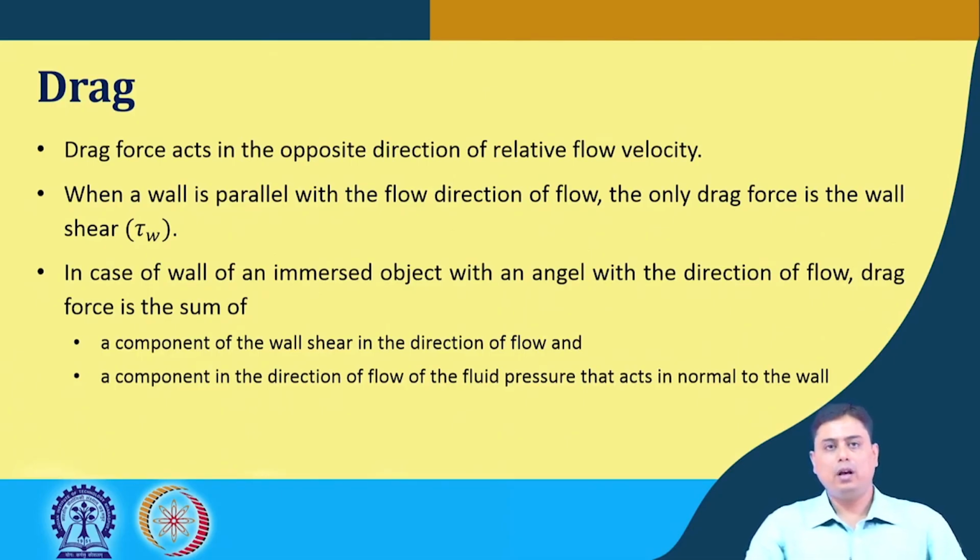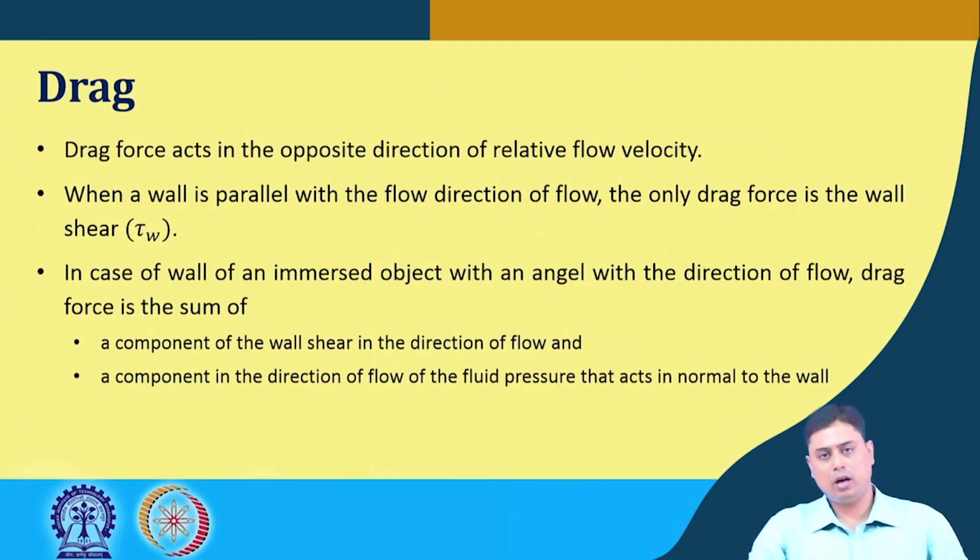Now when a wall is parallel with the direction of flow, the only drag force is the wall shear. So you can imagine this scenario, that the wall is parallel with the direction of flow.